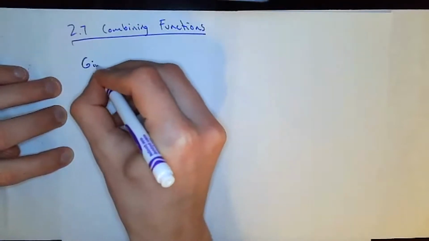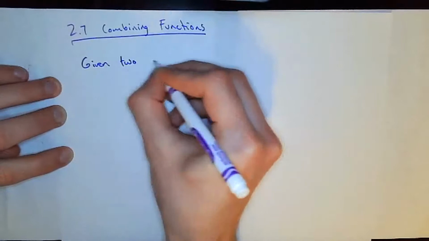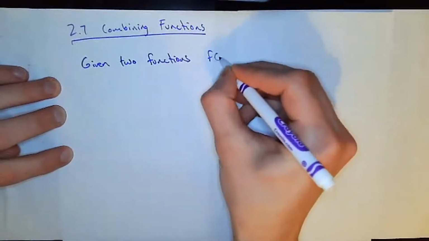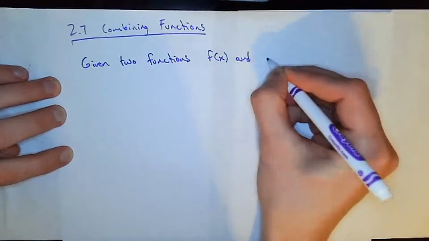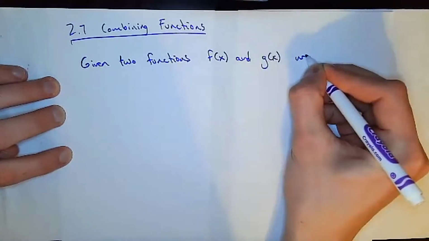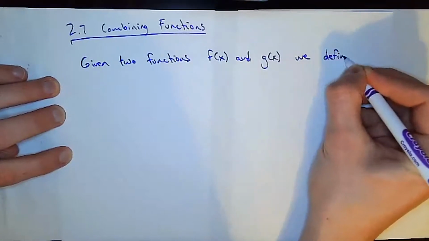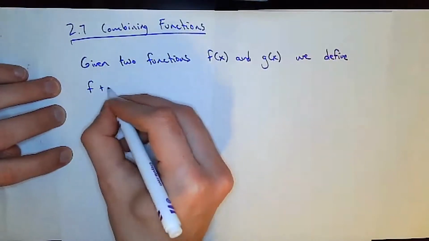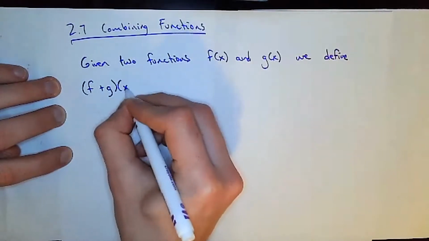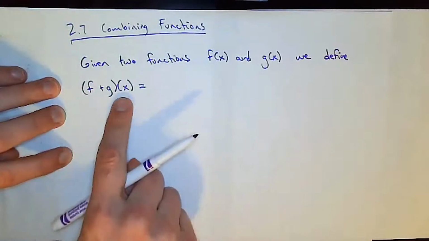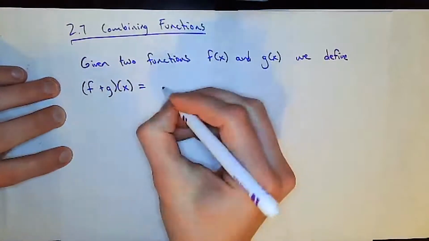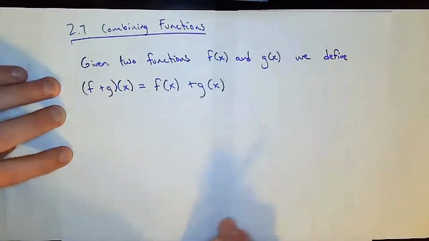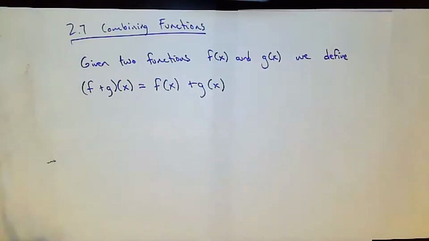So given two functions, f of x, g of x, we define the sum, f plus g at a particular x, as just f of x plus g of x. I mean, literally just add the functions together.